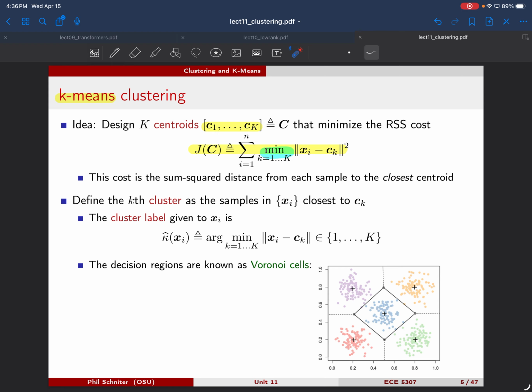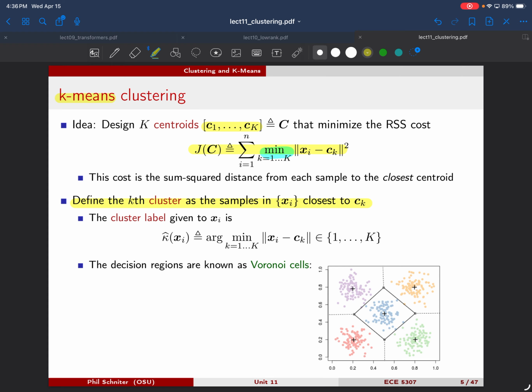So that's the cost. It ends up that this is one of these NP-hard problems. There's no method that can efficiently solve this problem exactly, but there are some methods that can approximately solve it, and we'll talk about one of them. But whatever method you run, you get these centroids, and then once you have the centroids, you define the kth cluster as the samples in X that are closest to that centroid.